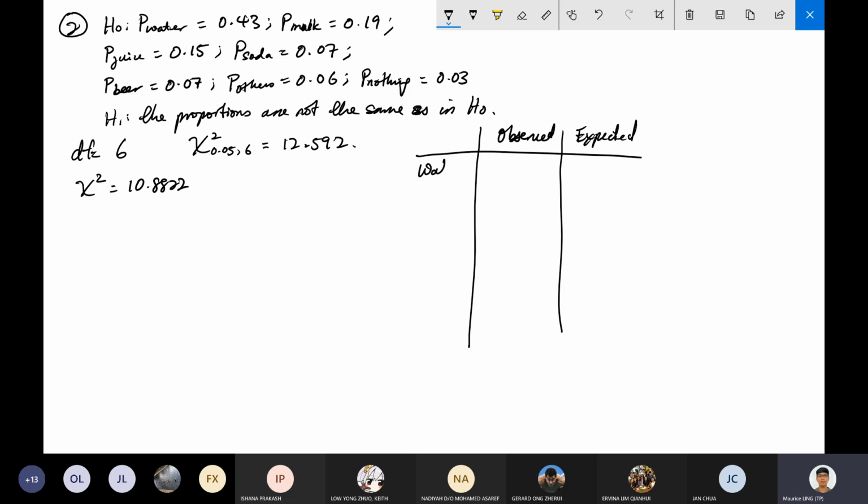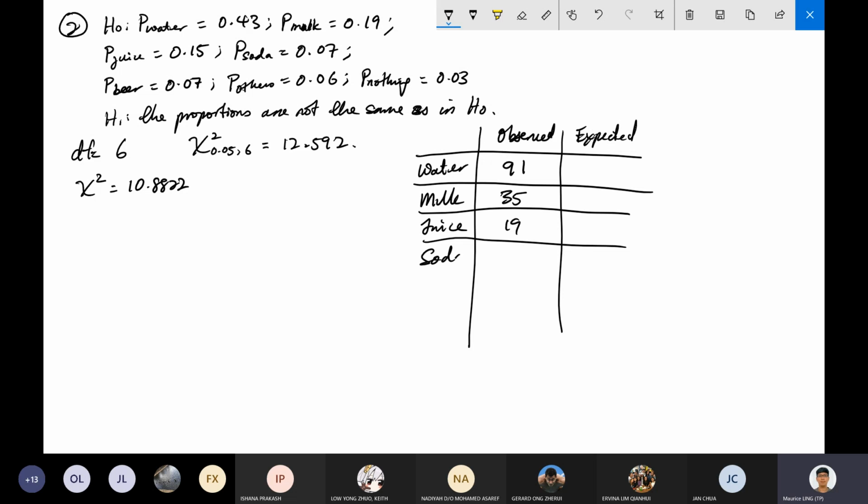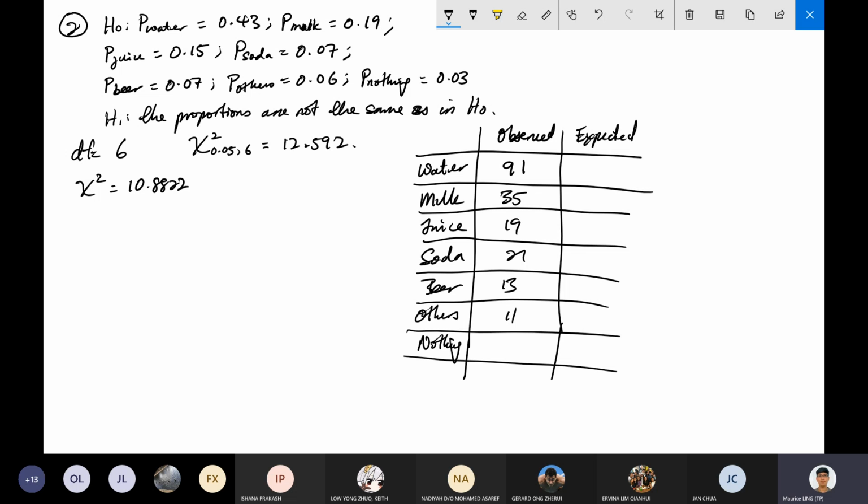Water, you have 91, milk 35, juice 19, soda 21, beer 13, others 11, nothing 10. So total in this case is 200.